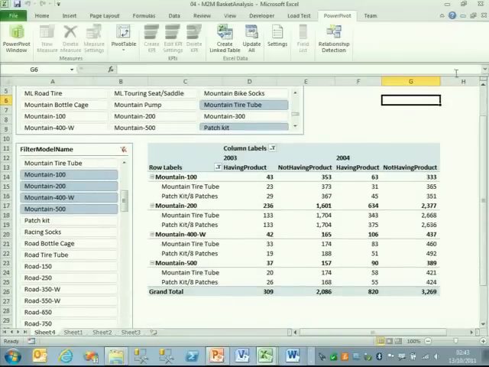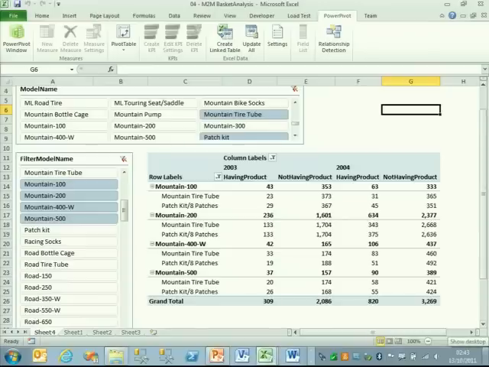The final result is just here. I have product filter here, where I filter mountain tire tube and patch kit, because I'm interested in people who bought one mountain bike, and I want to know whether they bought mountain tire tubes and or patch kits. And the values that I want to compute are these.